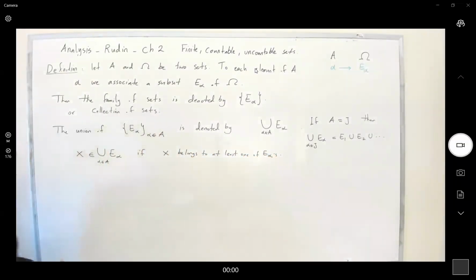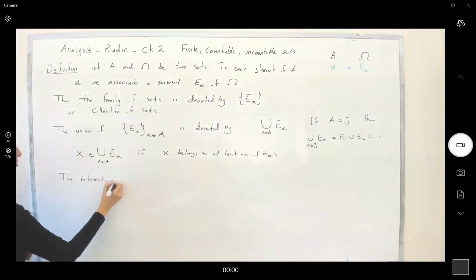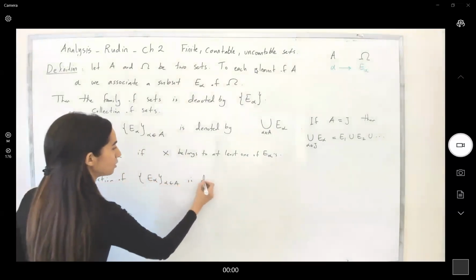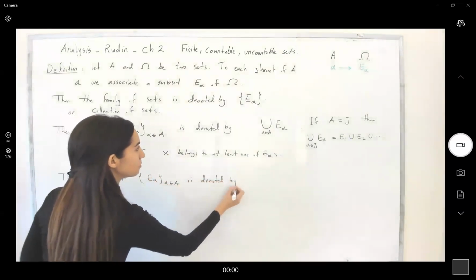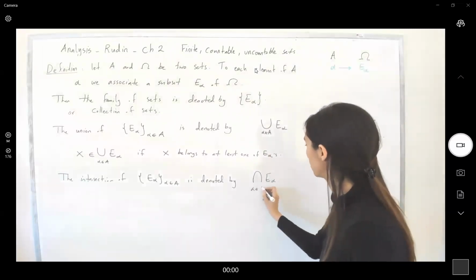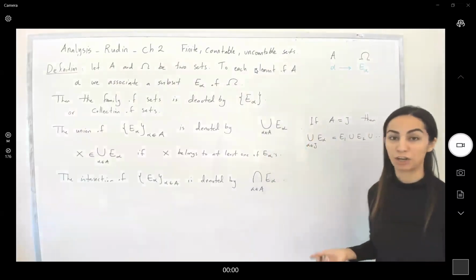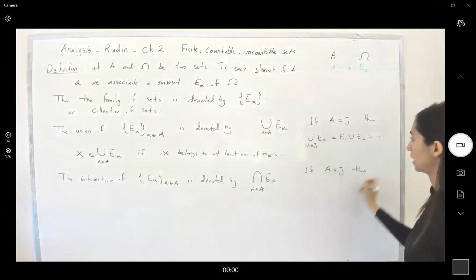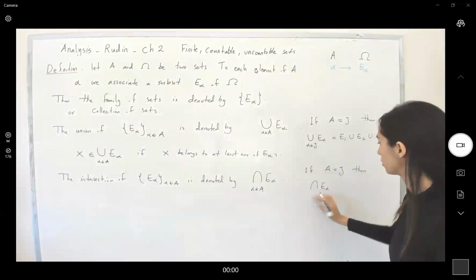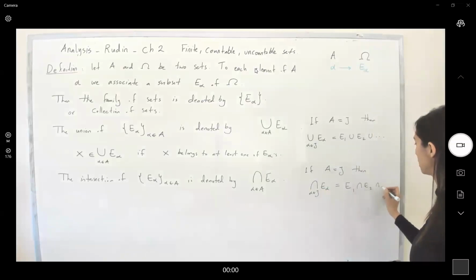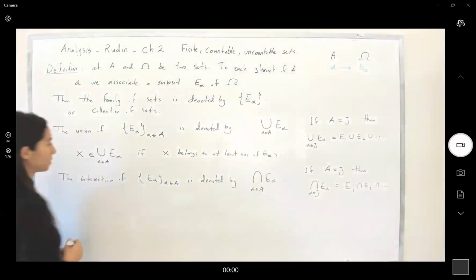Well, we can define the intersection between these sets. The intersection of a family of sets is denoted by the intersection of E alphas, alpha belongs to A. Again, if A and J are the same, then the intersection of E alphas, alpha belongs to J, can be written as E1 intersection E2 intersection the rest of the members.